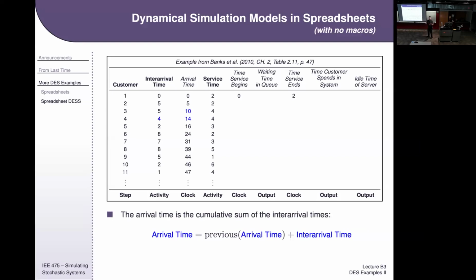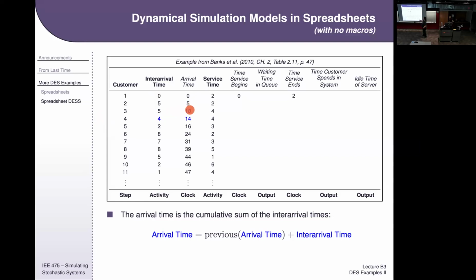One of the relationships we know that must always be true is that the arrival time for any customer is the previous arrival time plus the inter-arrival time associated with that customer. If I look at these 3 blue marks here, I can see that customer 4 has an inter-arrival time of 4.